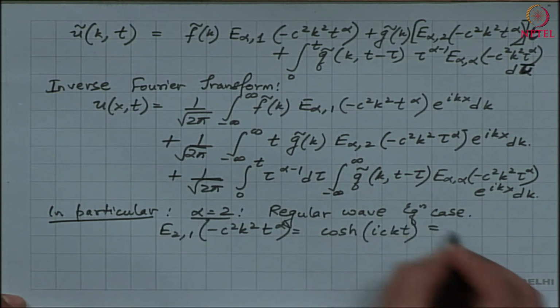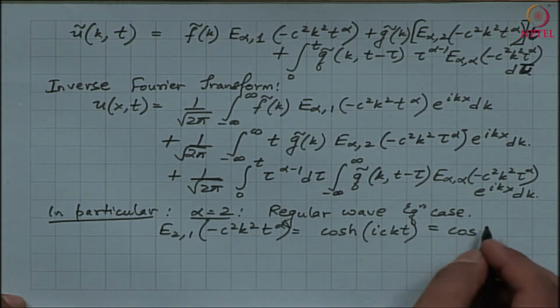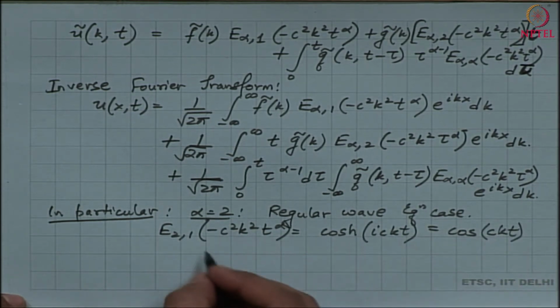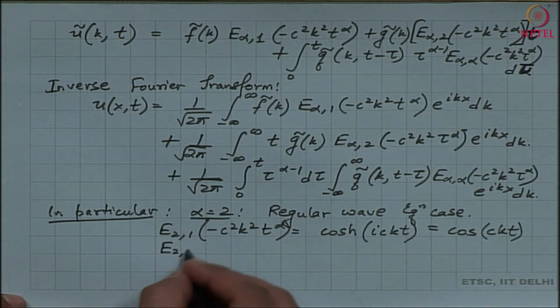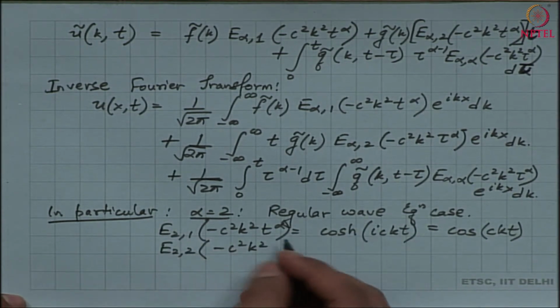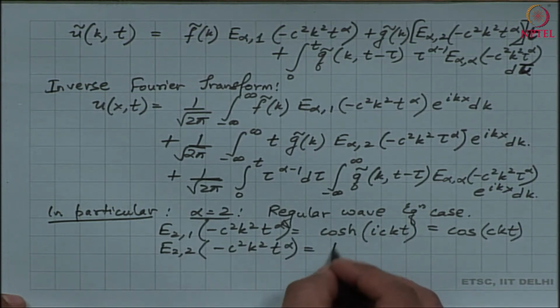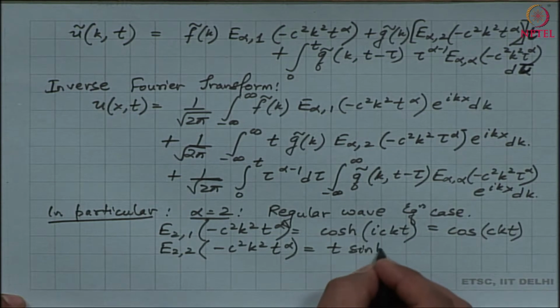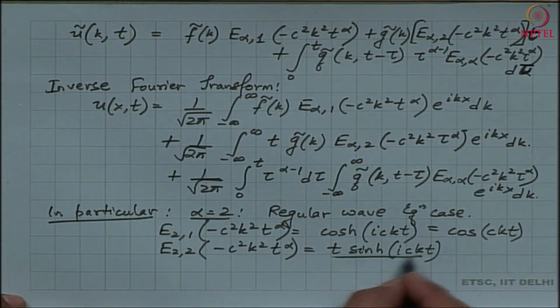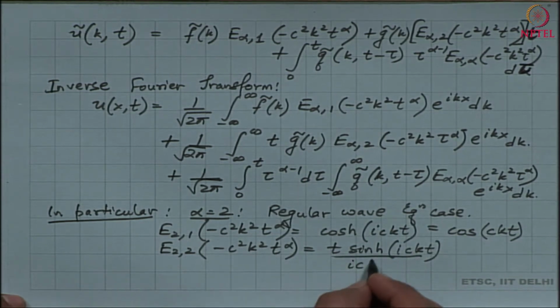This is also the corresponding trig function cos of c k t. And I see that E of 2 comma 2 of negative c square k square t to the power alpha is also t times sinh of i c k t, divided by i c k t.